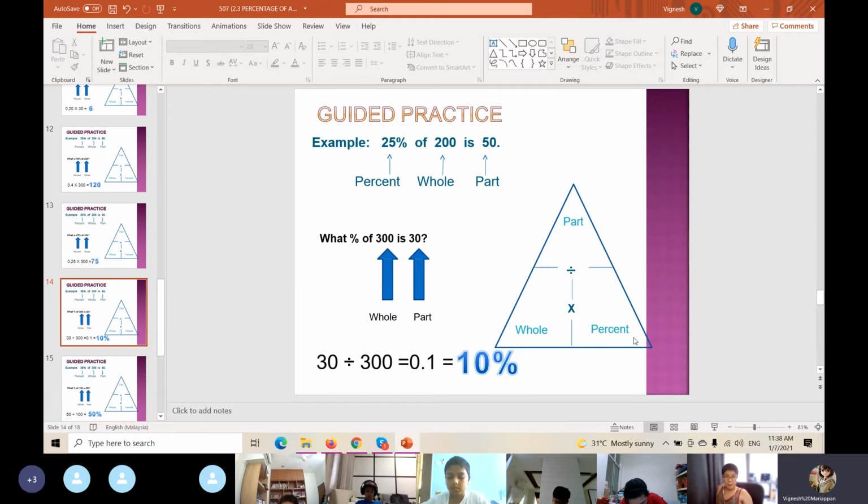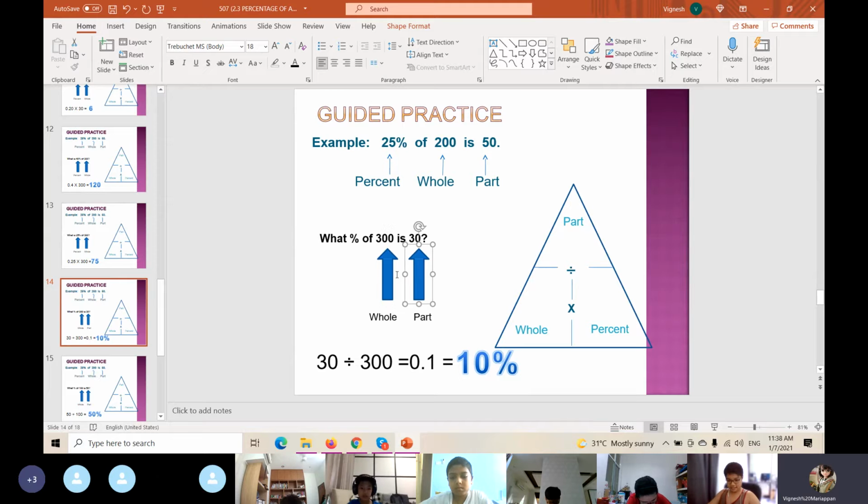Okay, here. If you want to find the value of percentage, since part is given, which is 30, and the whole is given, which is 300, please don't mind which one is the smaller number, which one is the bigger number. If the question asks about the percentage, part, even though part is smaller than the whole.